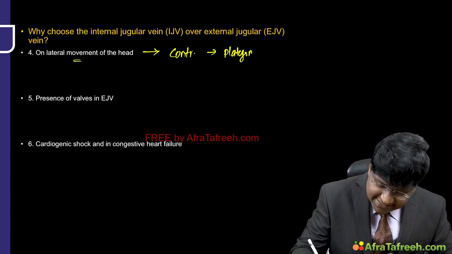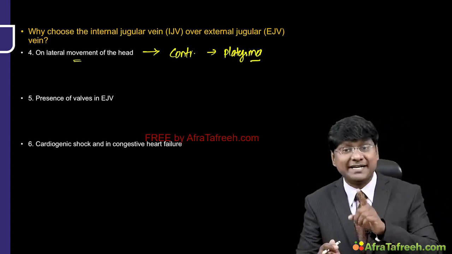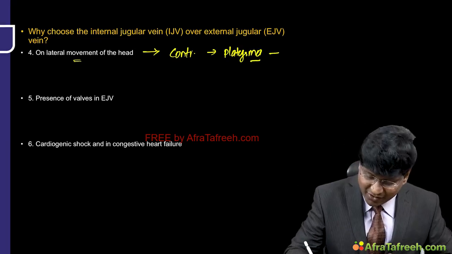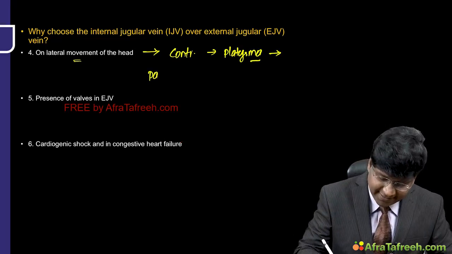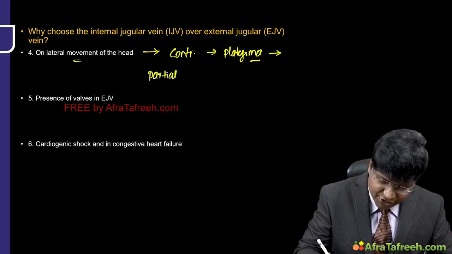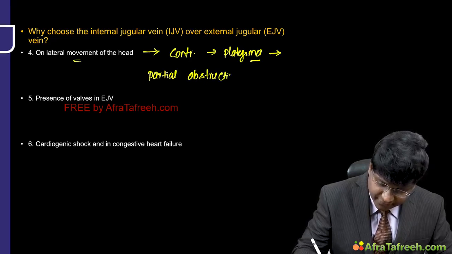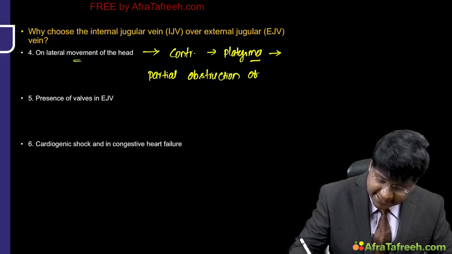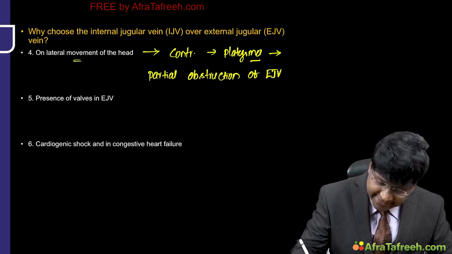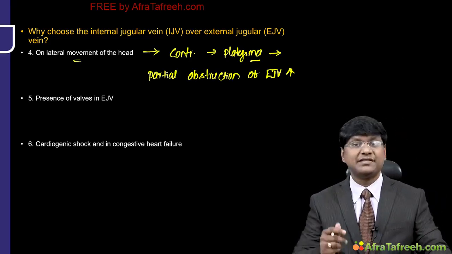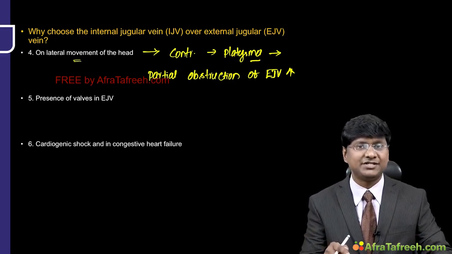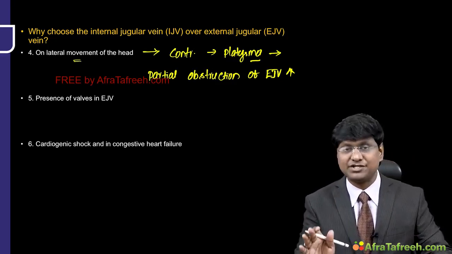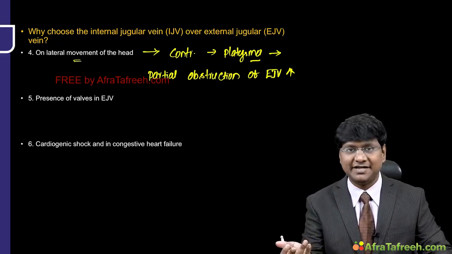This contraction of the platysma muscle can cause partial obstruction of the external jugular vein, and thereby the pressure within the external jugular vein can increase, and that can give you a false impression that the jugular venous pressure or the right atrial pressure is elevated.